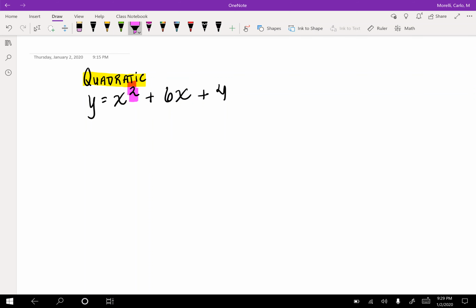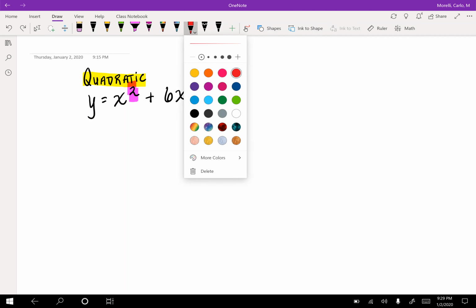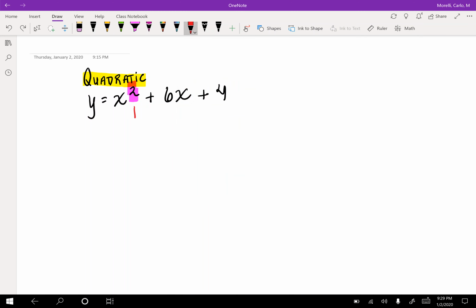And that 2, you would call that an exponent. But in math language, they call this a degree 2. This is degree 2.